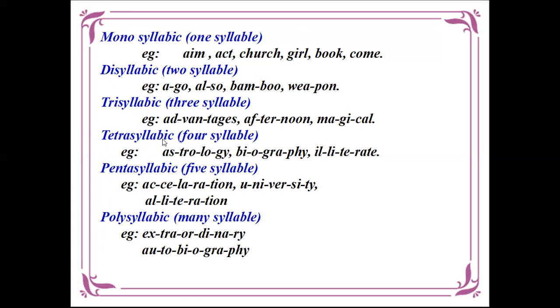Then tetrasyllabic means it has four syllables. For example, astrology, biography, illiterate. So these words are called tetrasyllabic words which have four syllables. Pentasyllabic means five syllables.